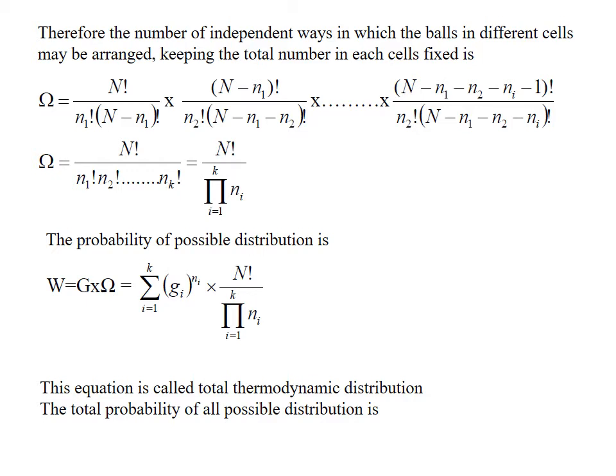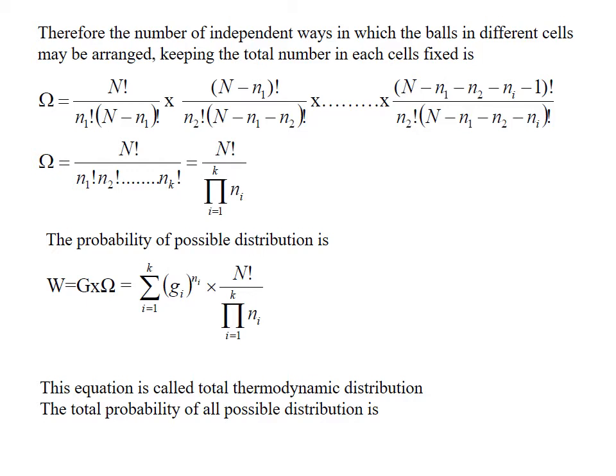If we take the product of all this, the value is n factorial divided by n1 factorial, n2 factorial up to nk factorial, and the expression in terms of a product can be written as n factorial divided by the product over i from 1 to k of ni factorial.